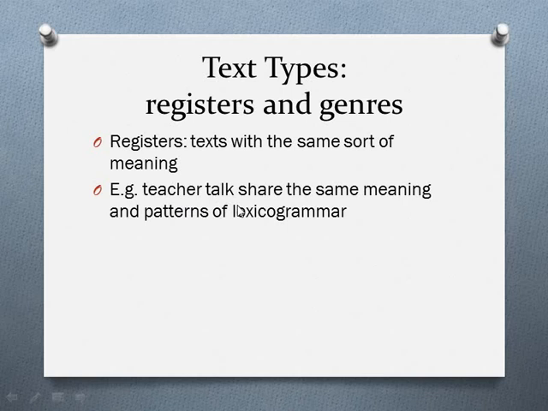For example, in every class the teacher always greets the students by saying good morning or assalamualaikum. Those are registers, and most teachers will say, okay students, today's material is blah blah blah. Those are the register for teacher talk.